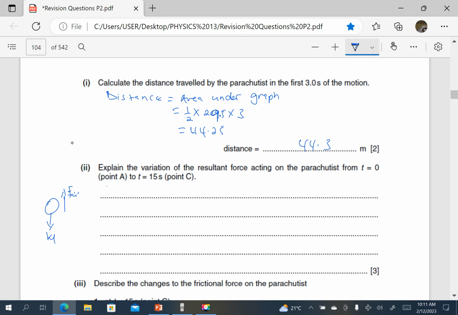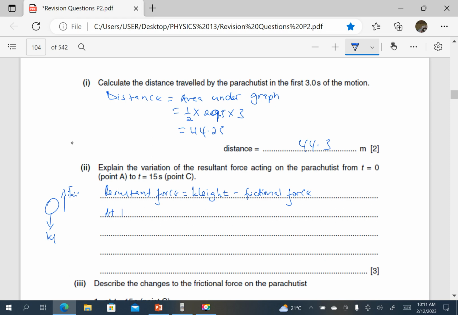So resultant force is equal to the weight minus the frictional force. At the start, the frictional force is equal to 0. That's why the resultant force was constant.